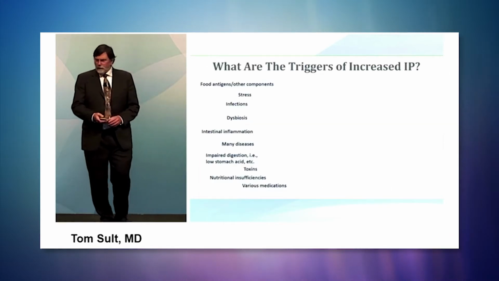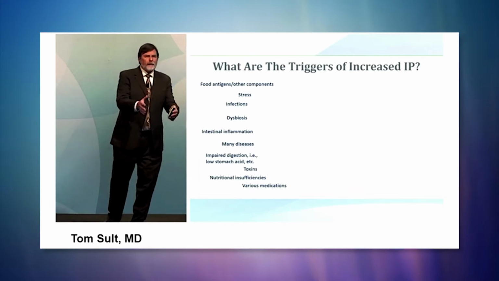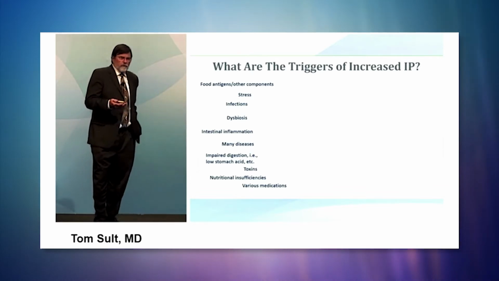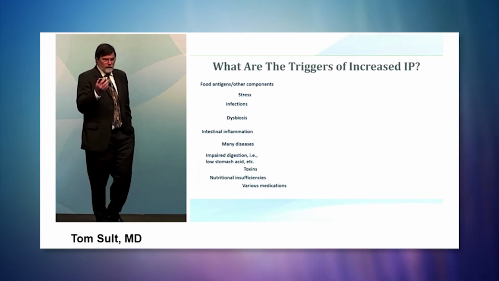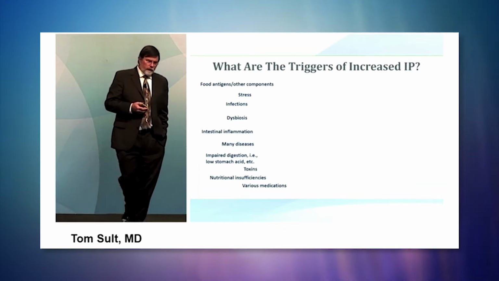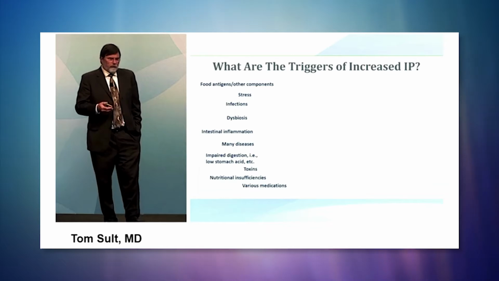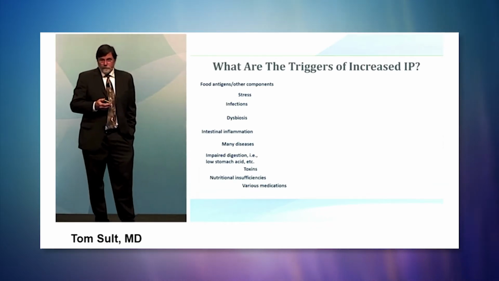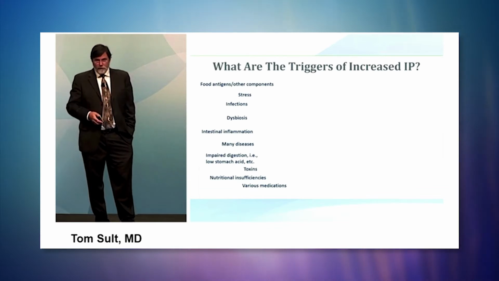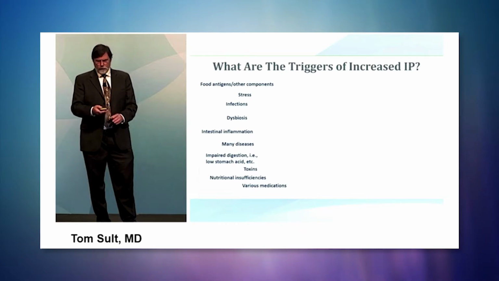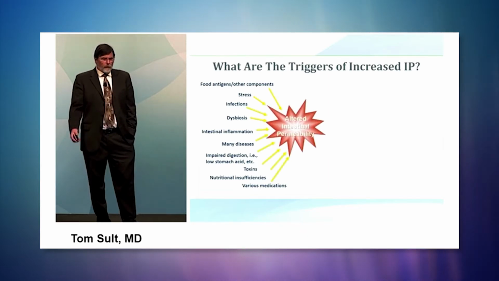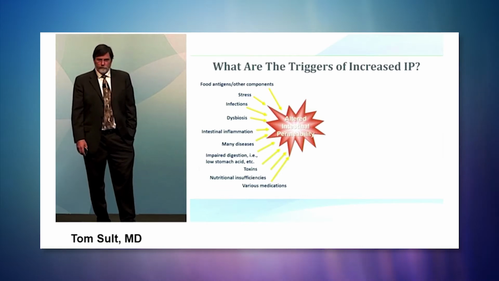And I think you've seen this slide before, but if you grok this slide, frankly, you get functional medicine. So food antigens and other food components, stress, infections, dysbiosis, inflammatory stuff, many different disease things, impaired digestion, stomach acid, toxins, nutritional insufficiencies, various medications can alter intestinal permeability.